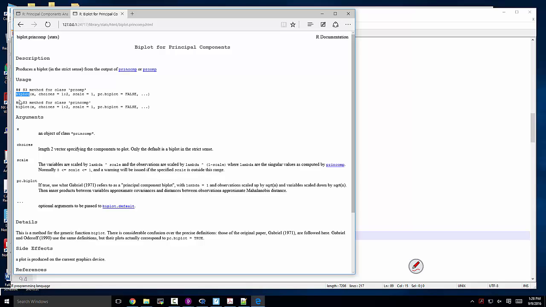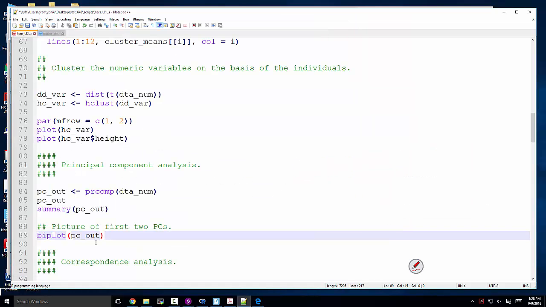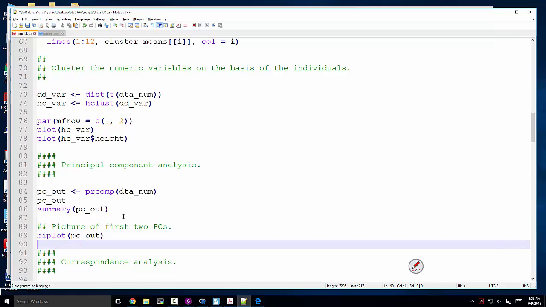Plot is a generic function in R like that, and it does different things depending on what you ask it to plot. So there would be a plot.aov, a plot.lm, and lots of other things. We're looking at the biplot method that's specific to prcomp. You don't have to specifically say biplot.prcomp. We just say biplot, and it figures it out because it knows x is from prcomp. So biplot PC out. Let's see what we get.